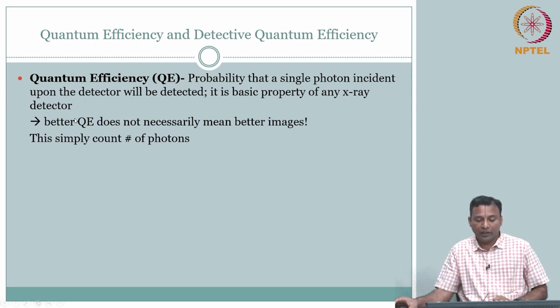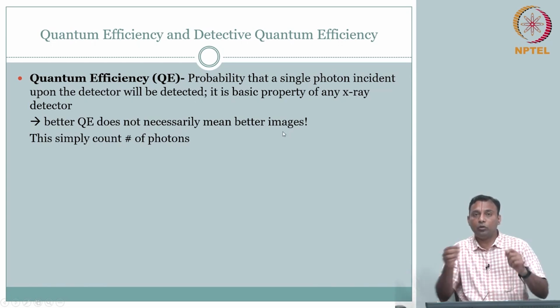Better QE does not necessarily mean better images. What we want is the quality of the images to be good. Quantum efficiency is just the probability of this interaction, but it does not necessarily mean that a good QE will translate to better images.